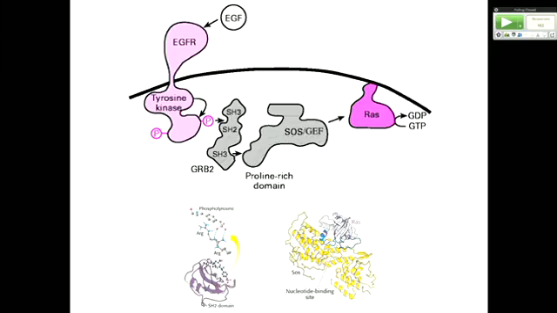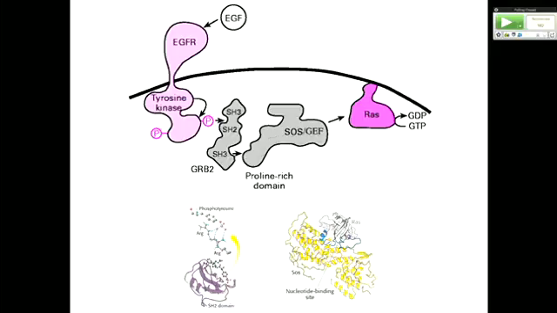So let's look at the steps involved. The tyrosine kinase contains an autophosphorylation site to which an adapter protein called GRB2 binds by its SH2 domain. So this adapter protein has an SH2 domain that binds to the phosphotyrosine, and it also has an SH3 domain that can bind to the guanyl nucleotide exchange factor for RAS.